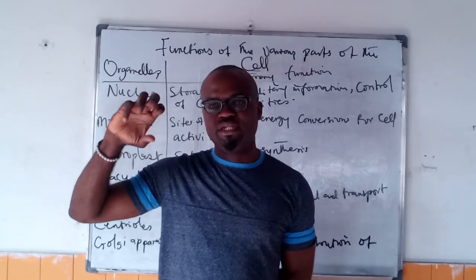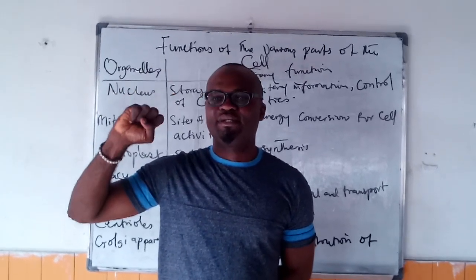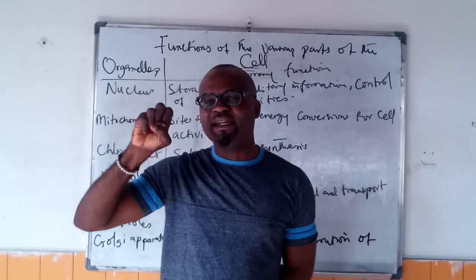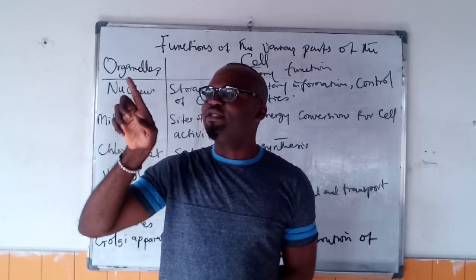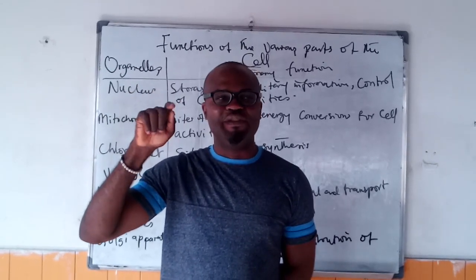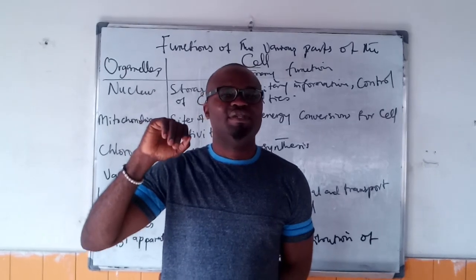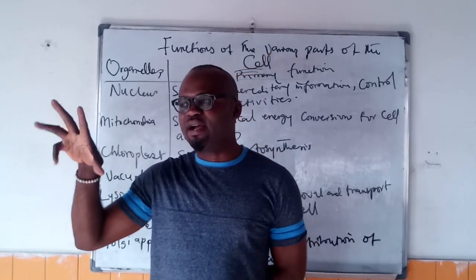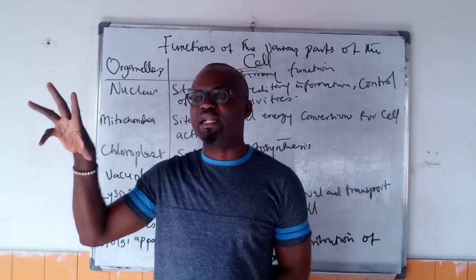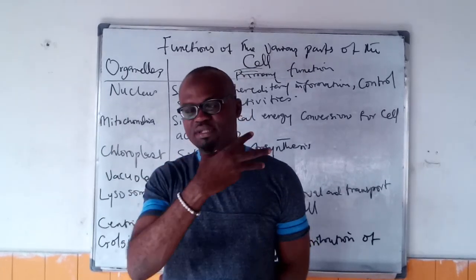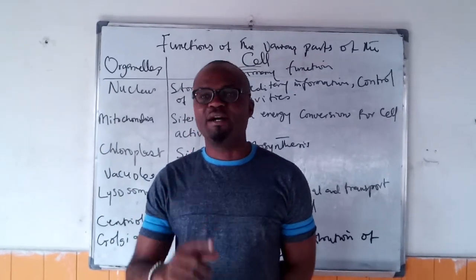It is your duty as a student to be able to identify that very figure that you are being asked about and know the function. So you should be able to relate the diagram as we've drawn in the previous class to the function as I'm going to highlight now.